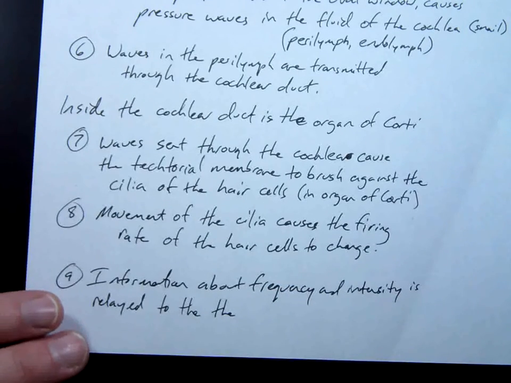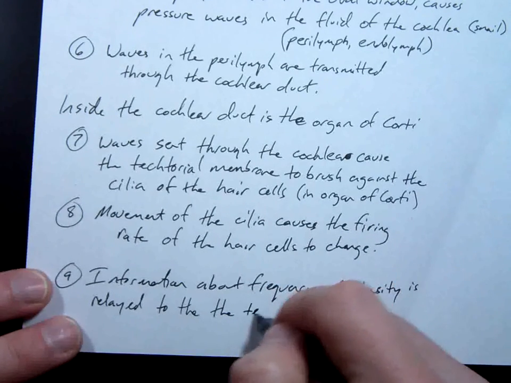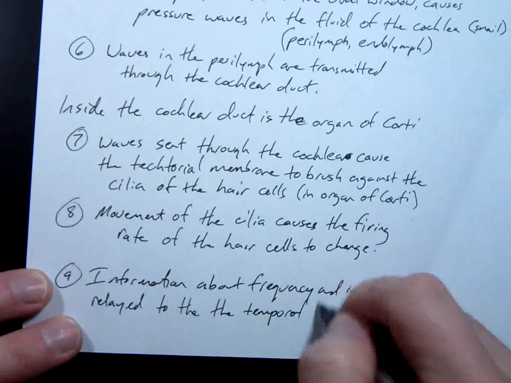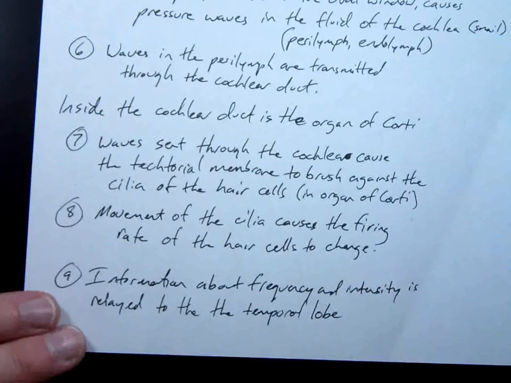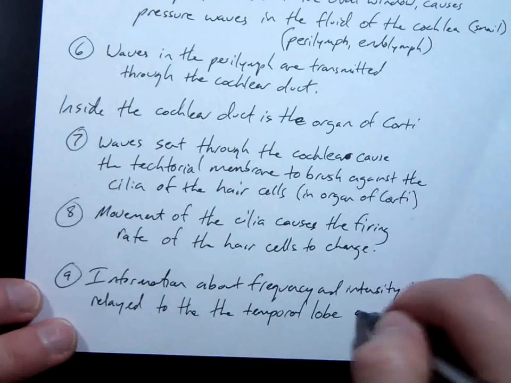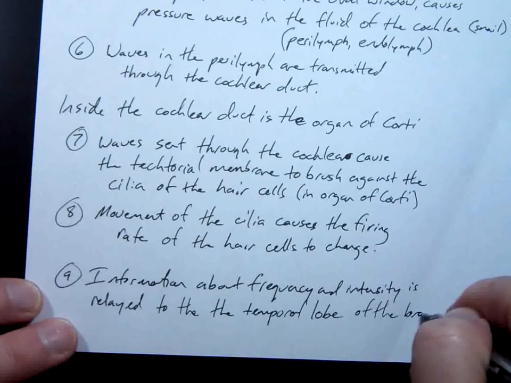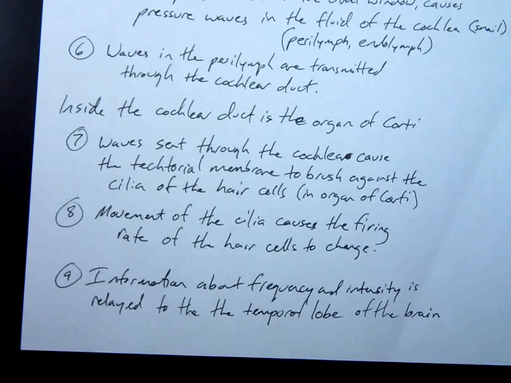Temporal lobe. Is relayed to the temporal lobe of the brain. It does make one stop along the way. It stops at the mesencephalon before it gets there, because it's attached. It's the vestibulocochlear nerve. It's attached to both the vestibule and the cochlea.